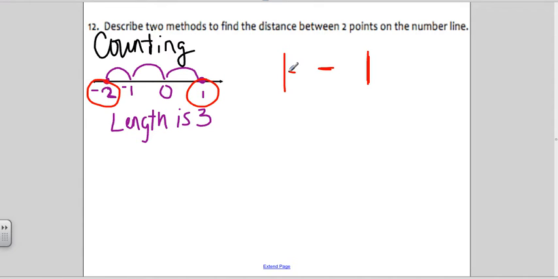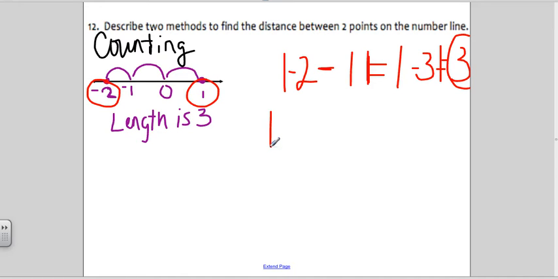So if I have -2 minus 1, well, -2 minus 1 is actually a -3. But remember, distances can never be negative, so that's why we do the absolute value. So we get 3.